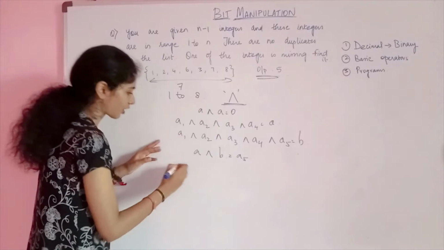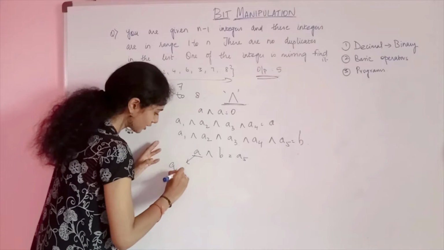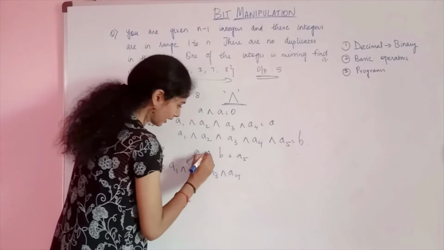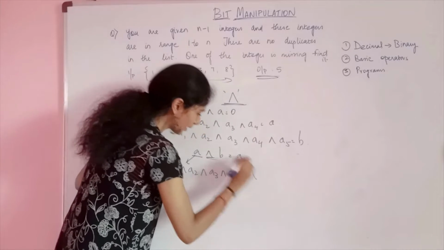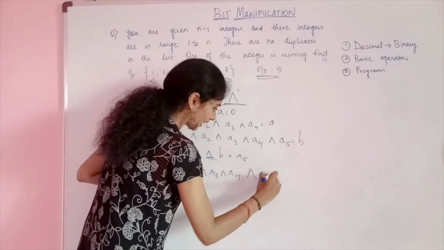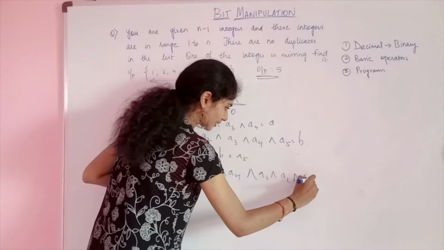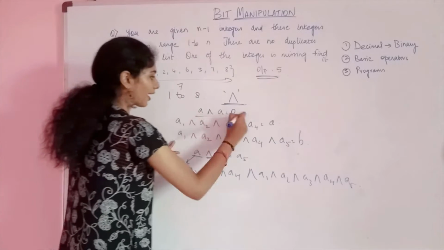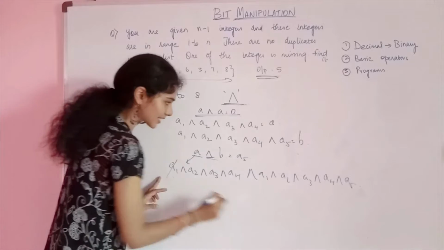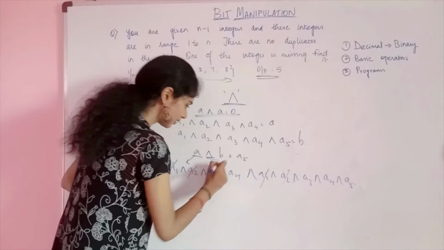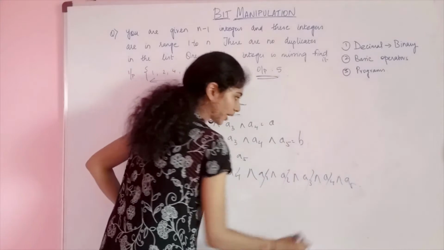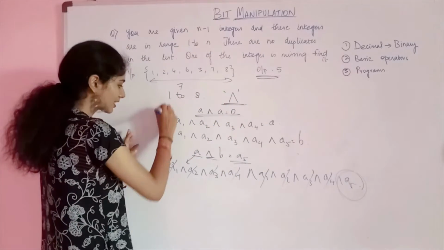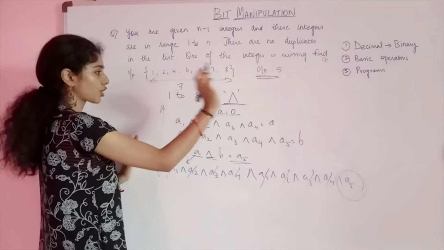A is A1 XOR A2 XOR A3 XOR A4, XOR with B, which is A1 XOR A2 XOR A3 XOR A4 XOR A5. What do we know? A XOR A is 0. So this gets cancelled, this gets cancelled, this again gets cancelled. What am I left with? A5. Hence the answer.